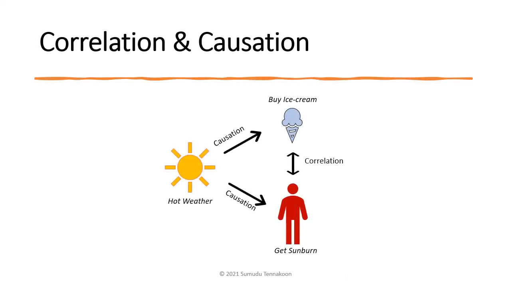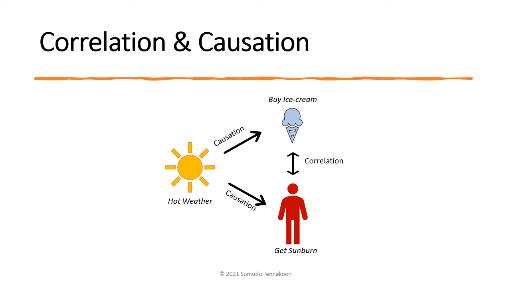To give you some idea about correlation and causation: sometimes we fall into a wrong conclusion without a proper understanding of the two. Assume this example: hot weather arrives, and people try to buy ice cream.